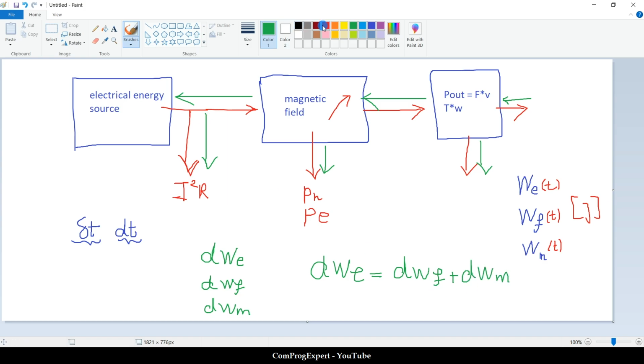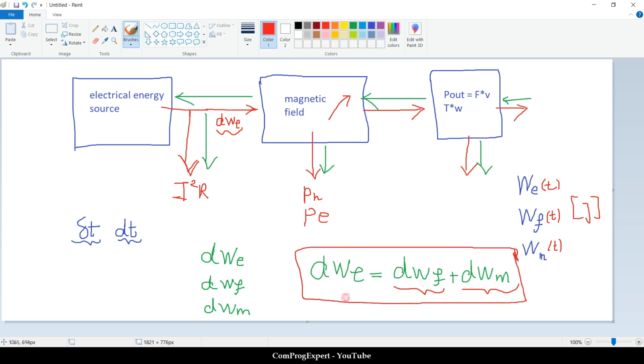Okay, so if you consider this red one, this is dWe, energy supplied to the magnetic field, and this actually blocks from this system the net electrical energy delivered to the field. So this is divided into two parts: change in the Wf and change in the mechanical energy. An important equation.